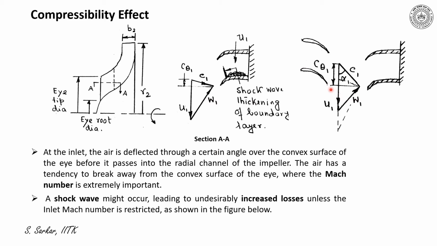produce a positive swirl component, that is some value of C theta 1 as I have indicated by the velocity triangle. Now considering the U1 blade speed be same, if you draw the velocity triangle with a positive inlet swirl C theta 1, you will realize that W1 has decreased.